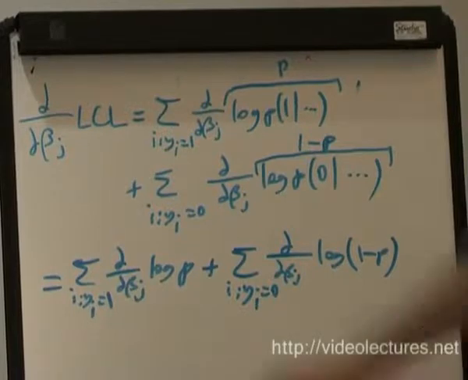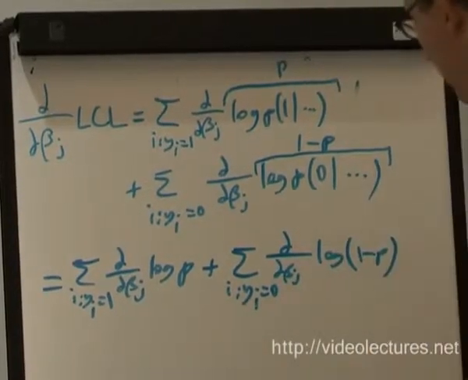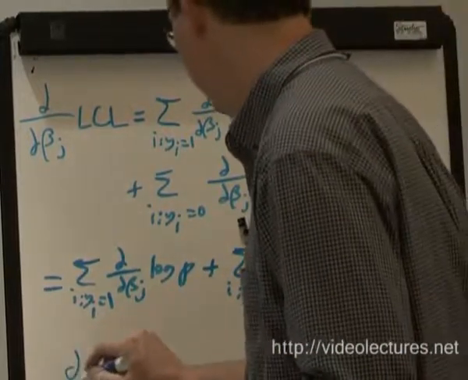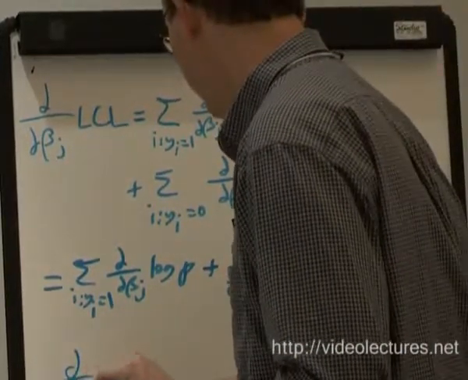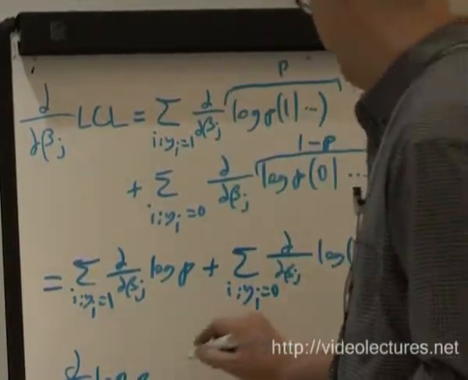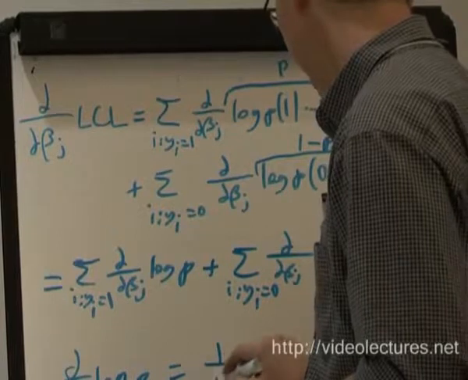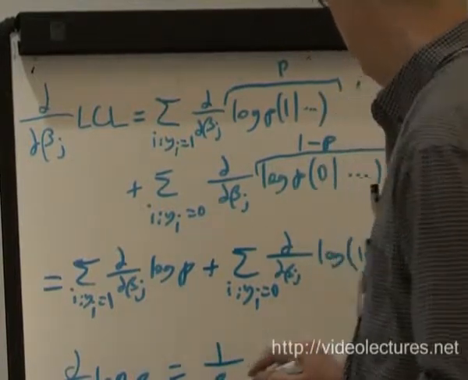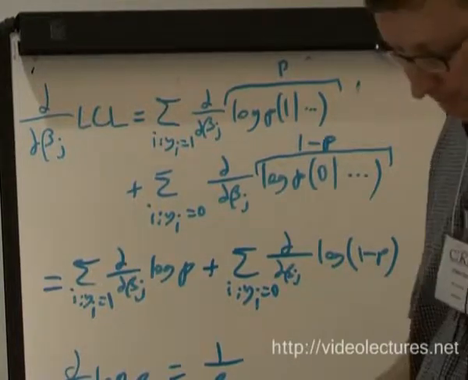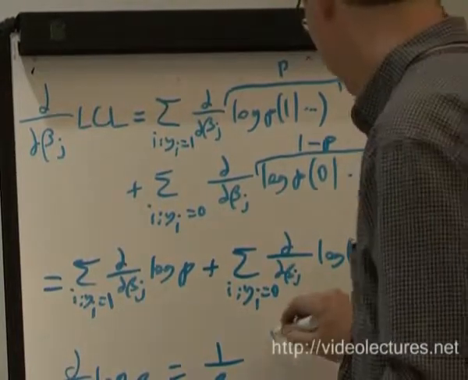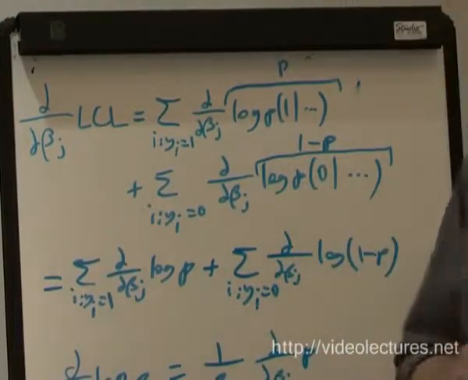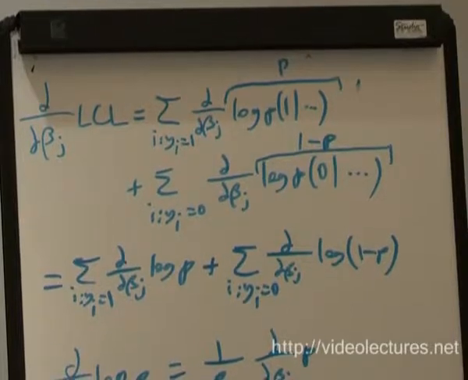So now I'm going to really start work. I'm going to evaluate d by d beta j of log p. And this is 1 over p d by d beta j of p. There's the derivative of the log function. This is the natural log function.